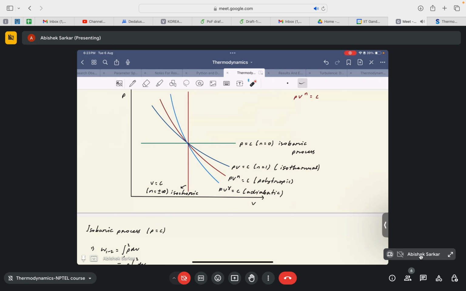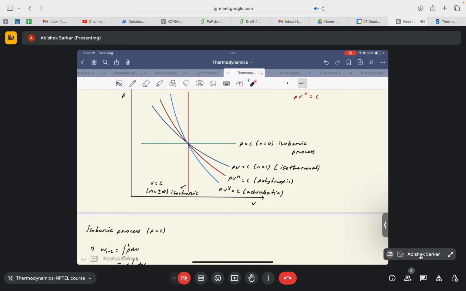An adiabatic process is a type of process which does not have any kind of heat interaction. We will discuss it when we deal with heat interactions, where the distinction of the adiabatic process will come into picture. Now, if n takes any values other than 0 or 1, and we do not have a specific value for n, then we define those processes as polytropic processes.